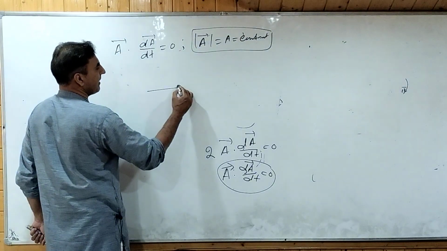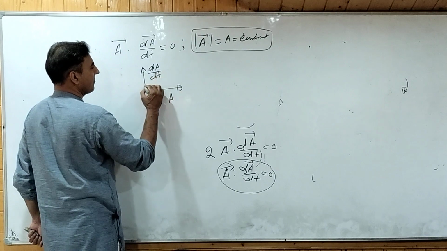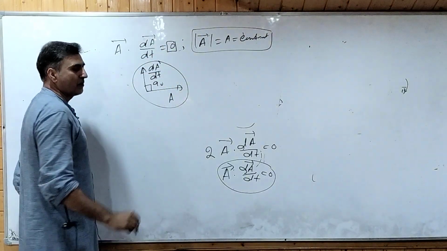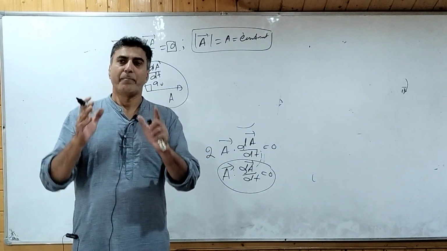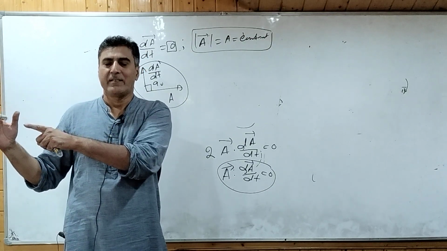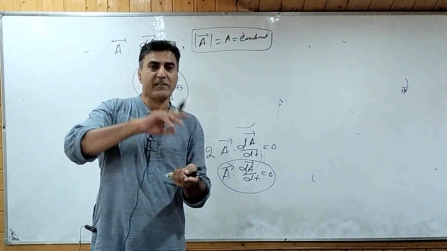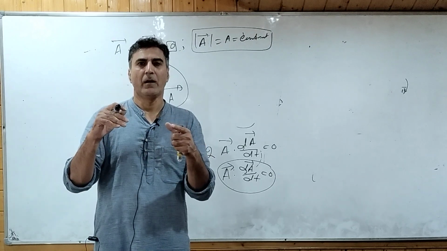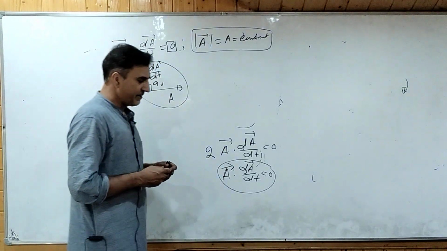If the direction of A is this, then the direction of dA by dt is this, they are 90 degrees, that is why their dot is 0. So that's the physics behind it. So in general, if the magnitude of a vector is constant, that means the vector and its differential coefficient are perpendicular to each other. That's it.